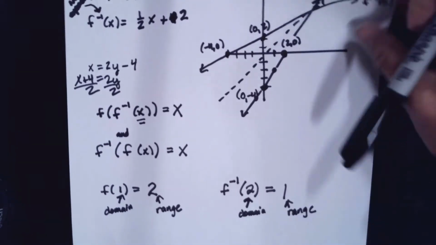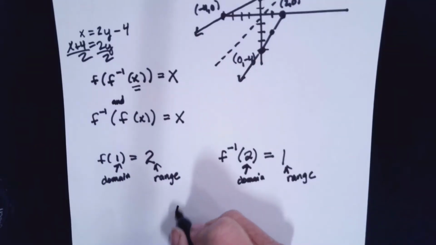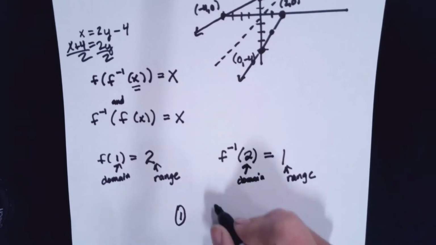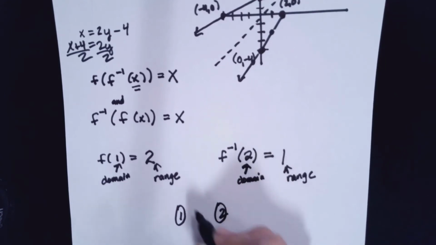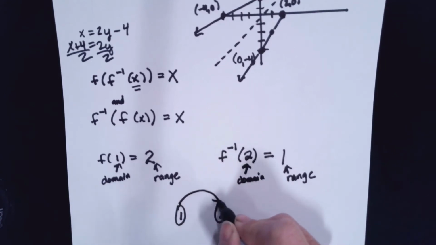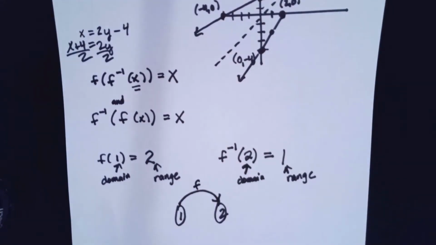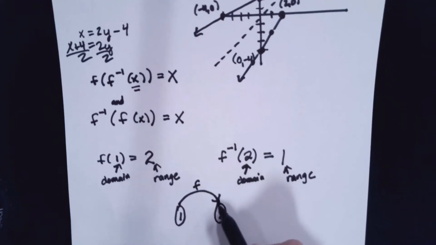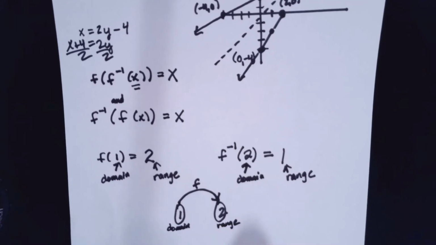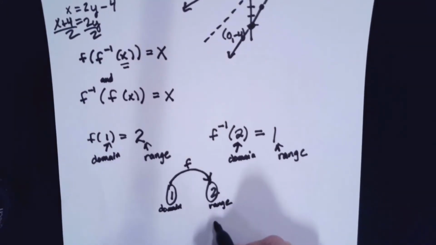So let's see another way to look at this. If I look at the set just containing 1, the set containing 2, my original function here is going to take 2 and assign it to 1. It's going to take 1 and pair it with 2. This is my domain, and this is my range. The inverse then sort of undoes that.